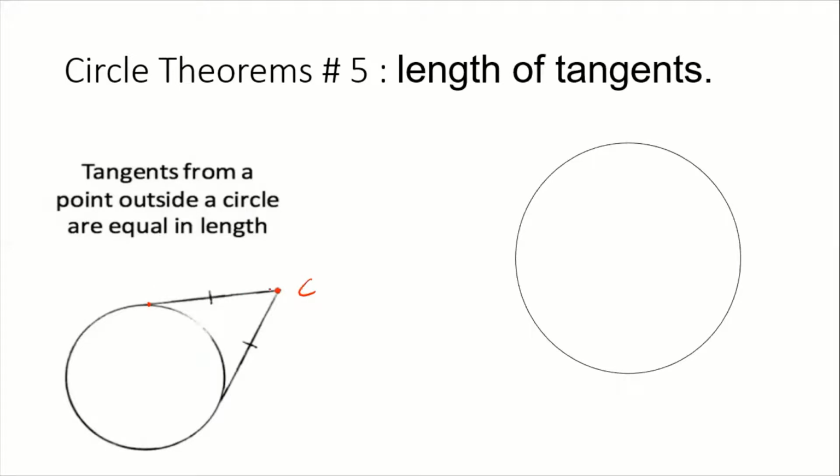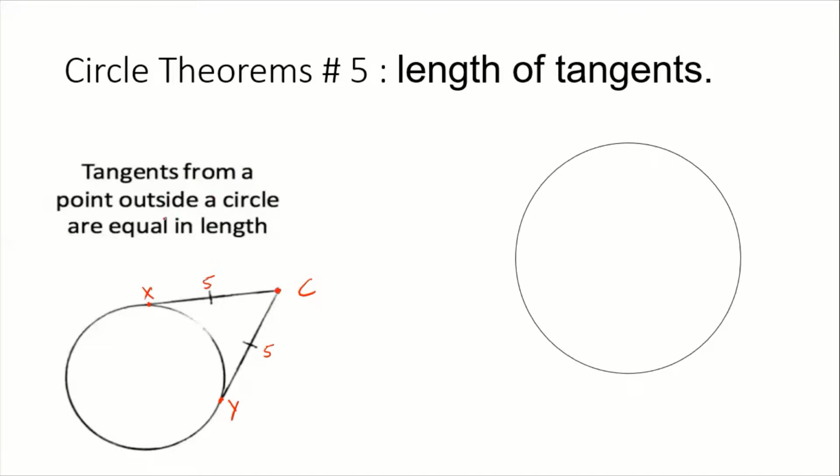Let's say this point here is X and this point down here is Y. If this measurement here is 5, then the measurement from C to Y has to be 5 as well. That's all this theorem is saying.